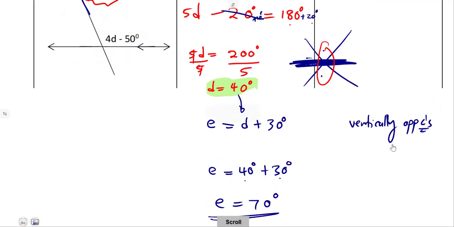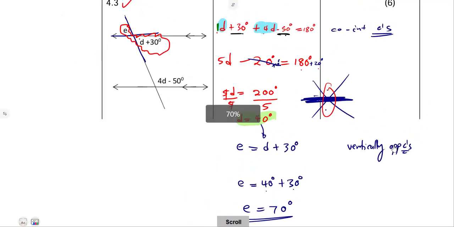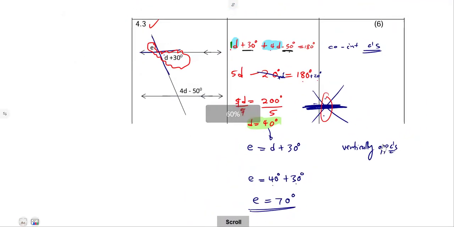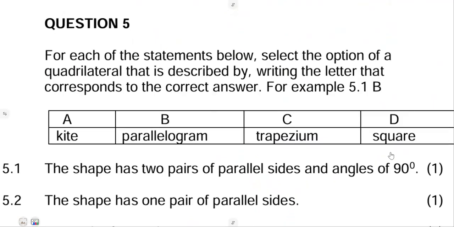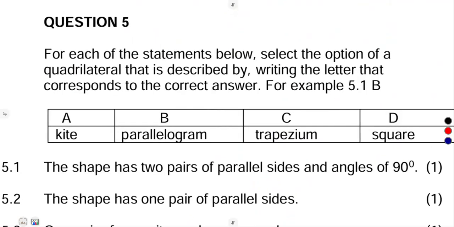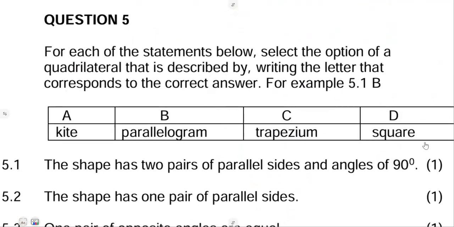Know your properties, guys. Know each and every property, as we had these as introductions. So make sure you go through and revise those introductions.